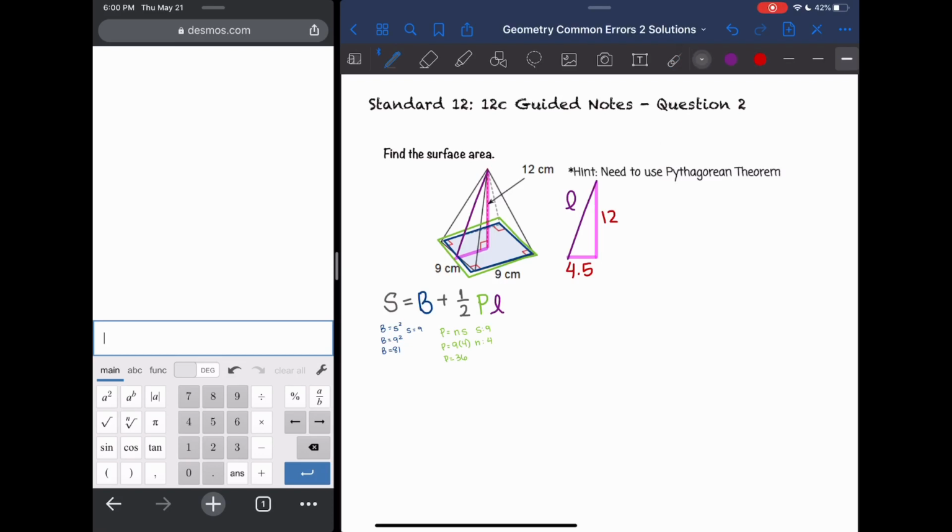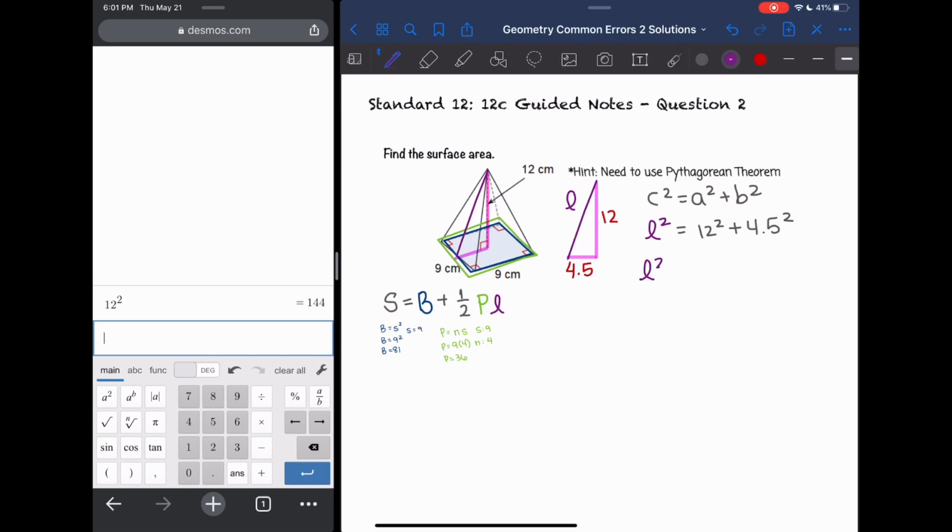So our Pythagorean theorem is c squared equals a squared plus b squared. We know our measure for c is going to be that slant leg. So we have L squared equals 12 squared plus 4.5 squared.